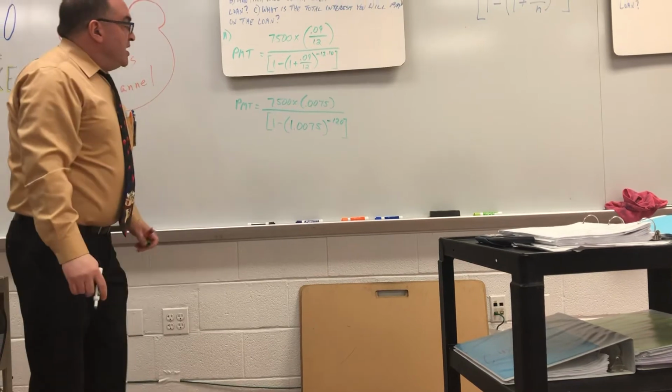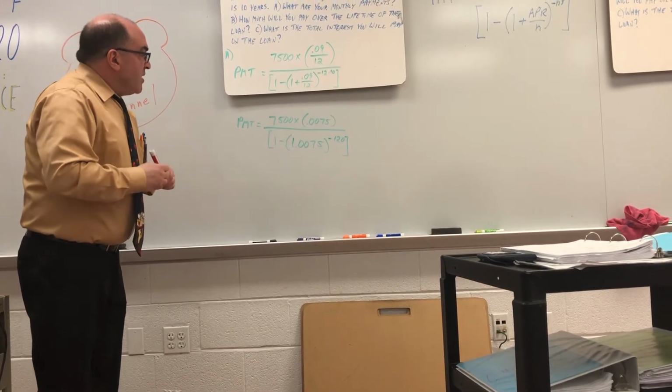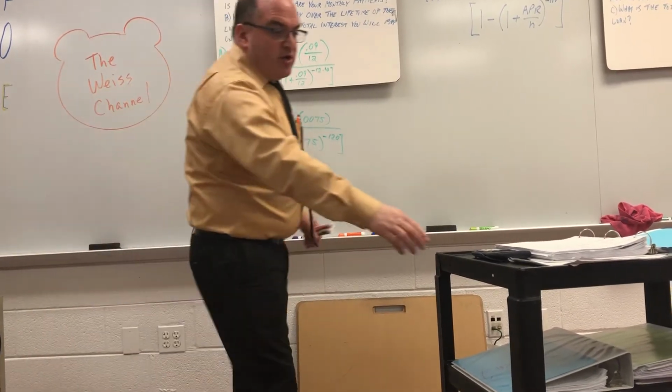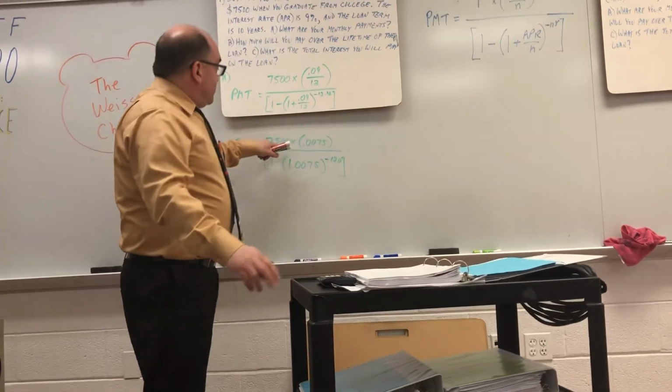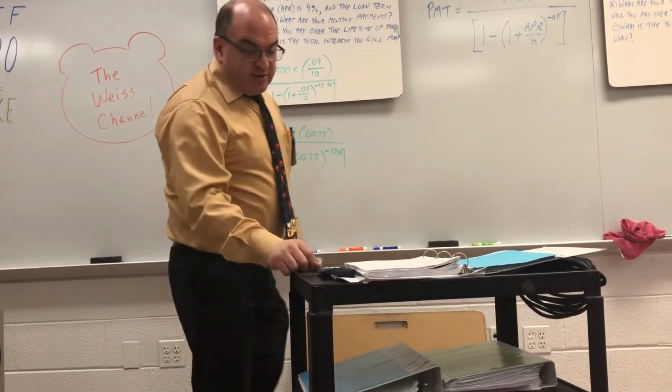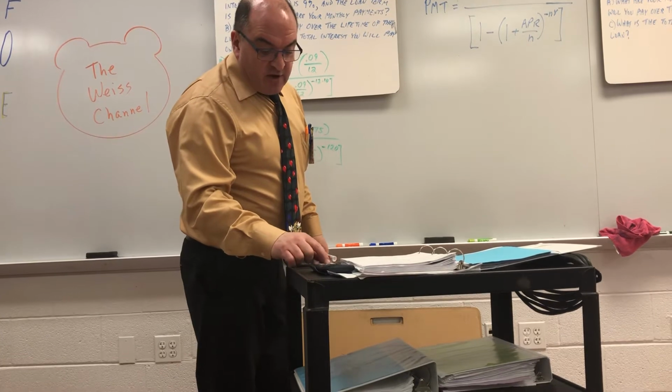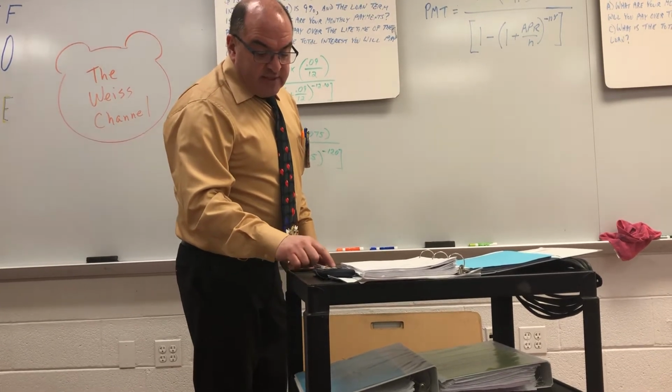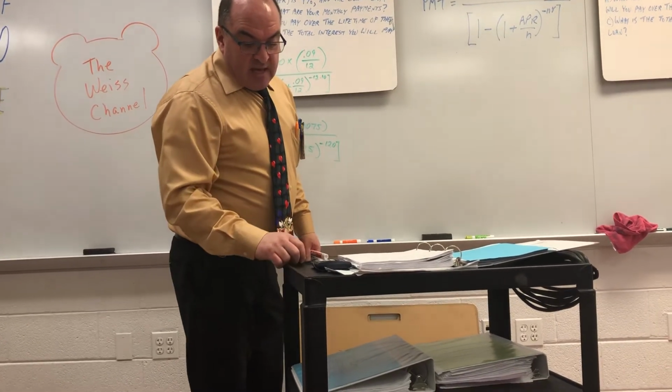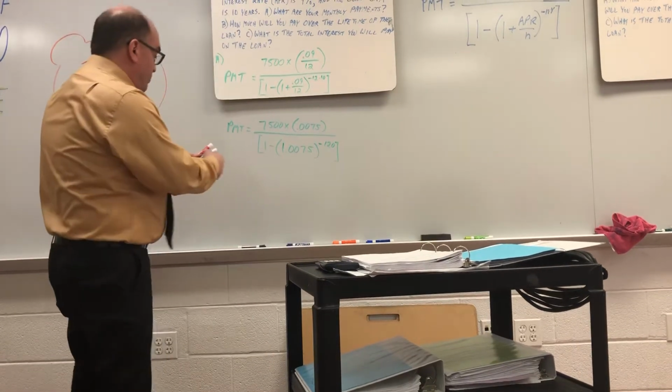Okay? So now, on my calculator, I'm going to do 7,500 times 0.0075. And that gives me 56.25.